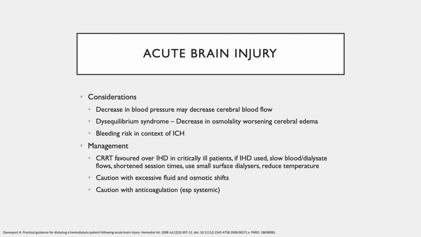Secondly, regarding concern of disequilibrium, changes in solutes also will affect the movement of water in and out of the brain. It can worsen cerebral edema, and bleeding risk, especially if anticoagulation is used, is important in the context of intracerebral hemorrhage.